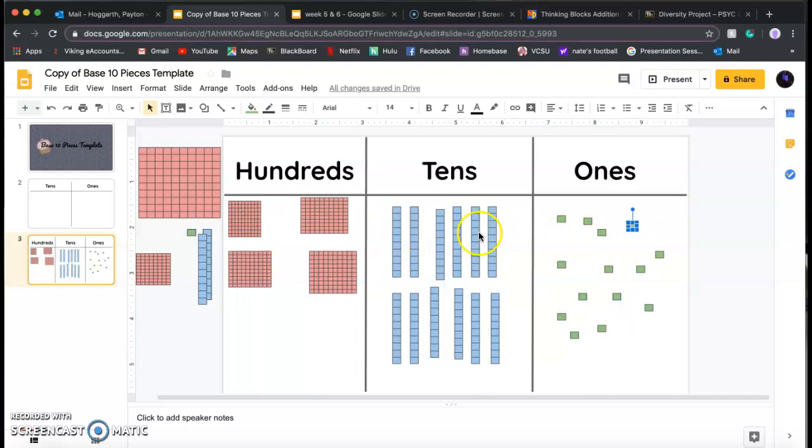So now I'm able to take 275 away. So I could take 5 away from the 1s, I can take 7 away from the tens.